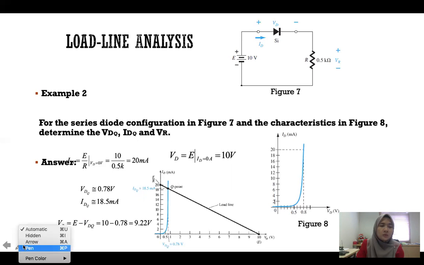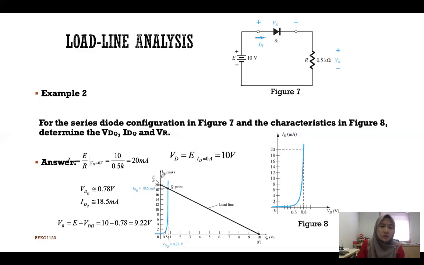So remember your load line analysis graph. Over here, you already know the characteristic curve, so you can draw it over here. But now you need to determine the load line.